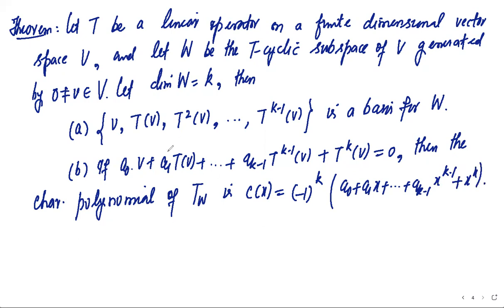So we have to prove these two parts for a linear operator T acting on a finite dimensional vector space V, where W is a T-cyclic subspace generated by v.